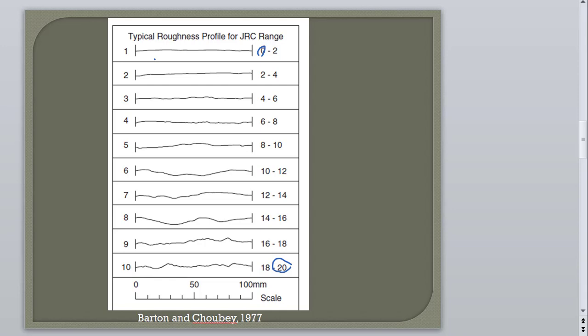We will discuss that also. This is based on the Barton-Bandis profilometer. We put the profilometer over the discontinuity surface and match its profile with the typical roughness profiles of JRC. Based on this profile we categorize the JRC number from 0 to 20.